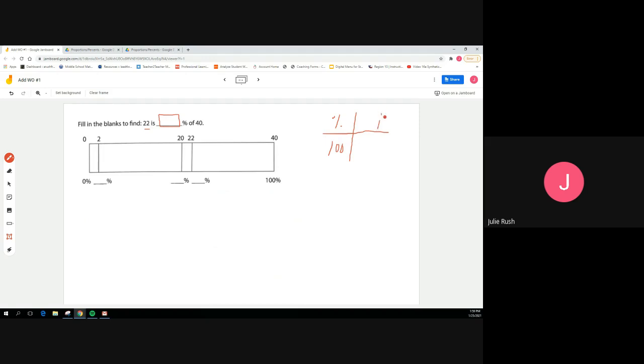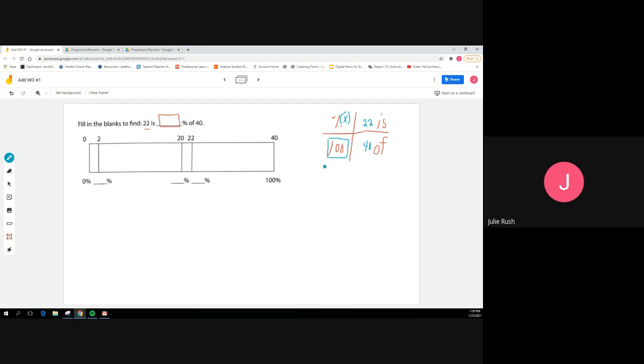The is number is here and the of is the total, so it goes here. So when we look at the proportion that we were given, 22 is, so the 22 would be the numerator. Of 40 would be here. 100 is always 100. And then what we're looking for, or the x or the variable, would be right here.